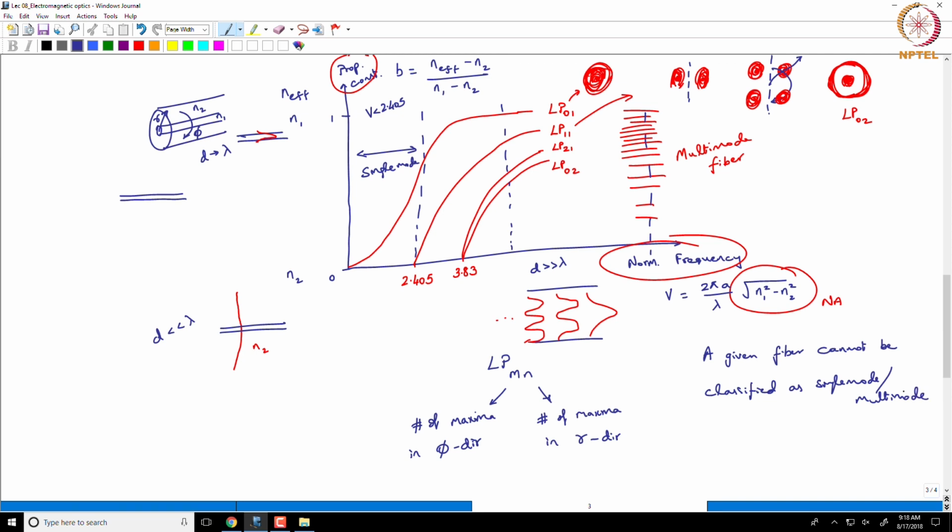Okay. It actually depends on lambda, and specifically this lambda over d factor. So, what is the dimension of the waveguide with respect to the wavelength?